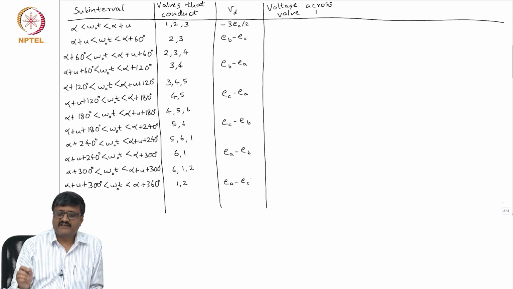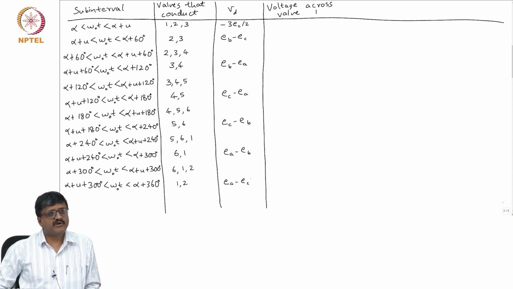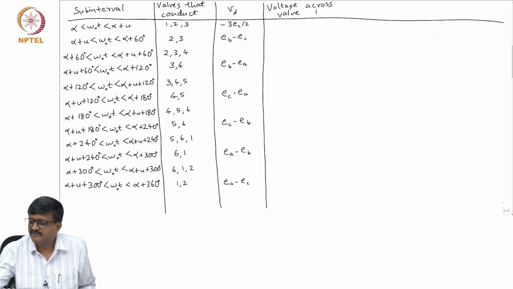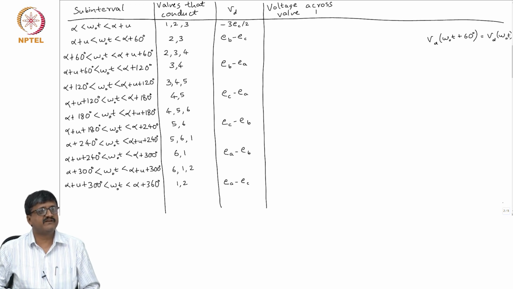Yeah, if you look at the DC side voltage, the DC side voltage repeats after what? Every 60 degrees. So, the point is, if I take VD at instant omega OT plus 60 degrees, it is equal to VD of omega OT.